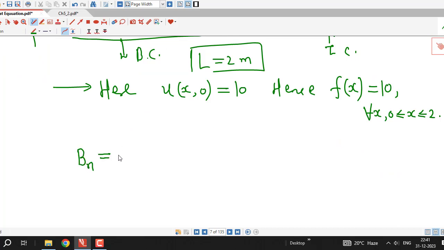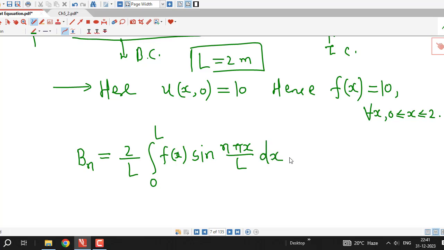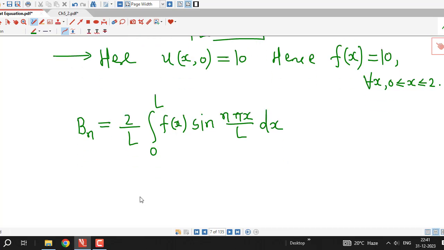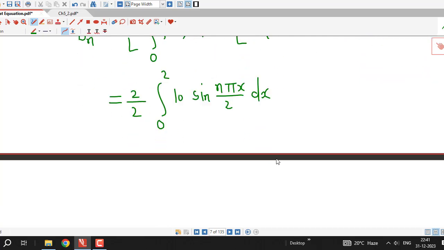Bn is given by 2 divided by L, integral from 0 to L of f(x) multiplied with sin(nπx/L) integrated with respect to x. The value of f(x) is 10 and L is 2. So I put L equal to 2 and f(x) equal to 10: 10 times sin(nπx/2) integrated with respect to x.